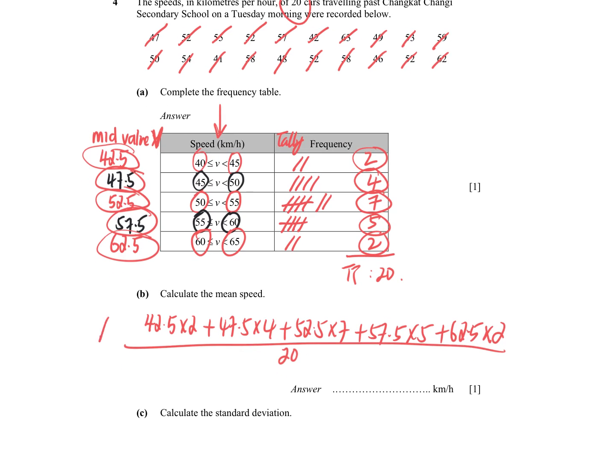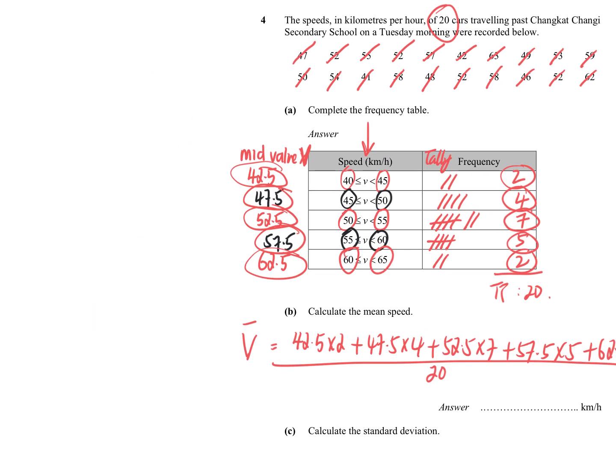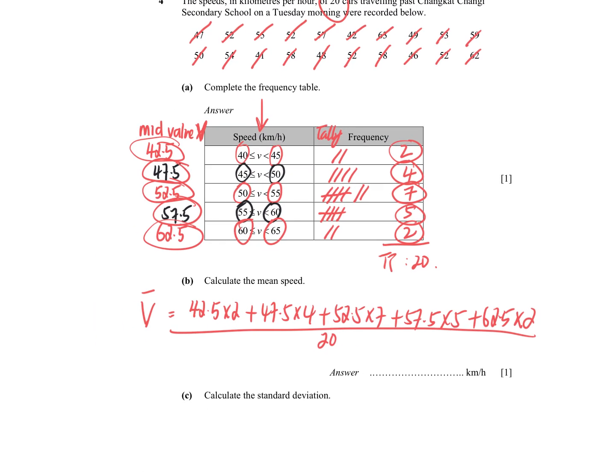So this will give you your v bar, your mean value, right? So what do you get as your answer? So if you are calculating, this is how you do. In case you forget your calculator method, later I show you in a bit. 52.7. Is it a nice answer? Okay. So this is the exact.